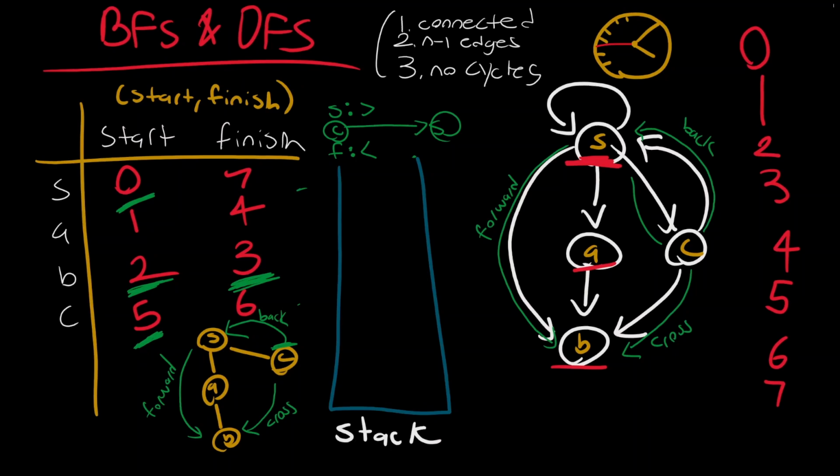So we can see that the finish time for C is less than S. This is a back edge going back to an ancestor.